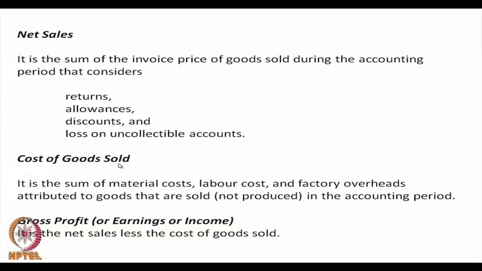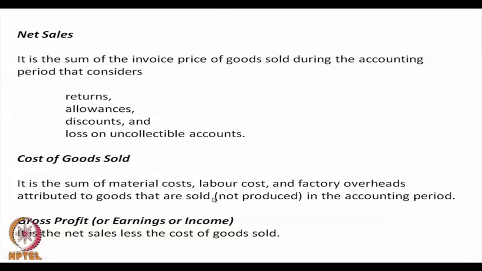Next, COGS we have already discussed in detail. It is the sum of direct material, direct labor and factory overheads that are attributed to goods that are sold in the accounting period. Remember this, we are talking about cost of goods sold and not cost of goods manufactured.